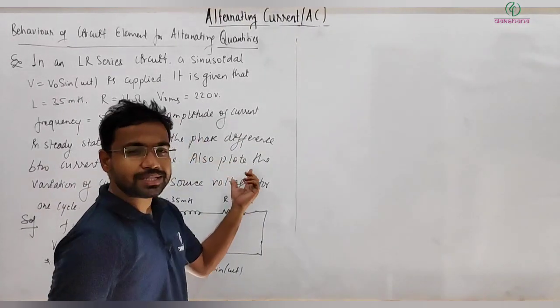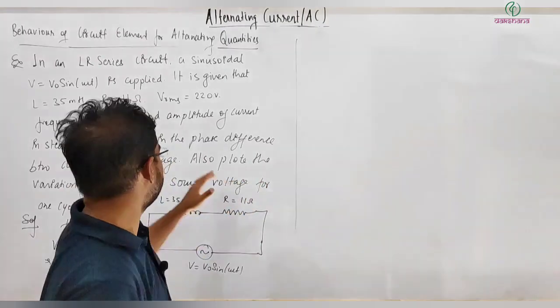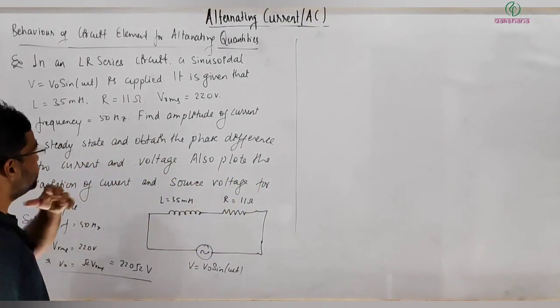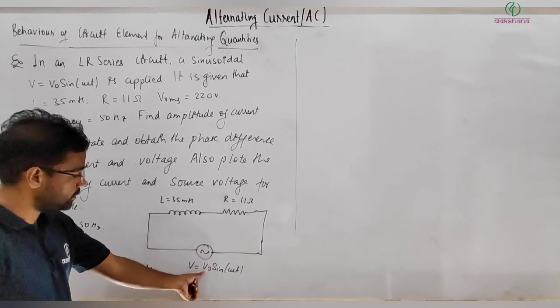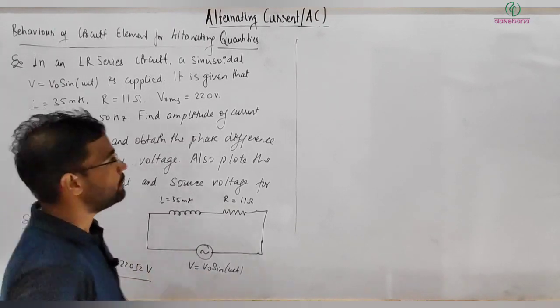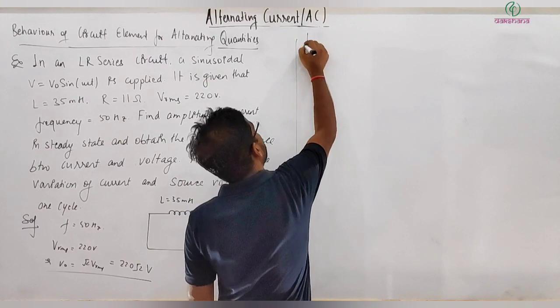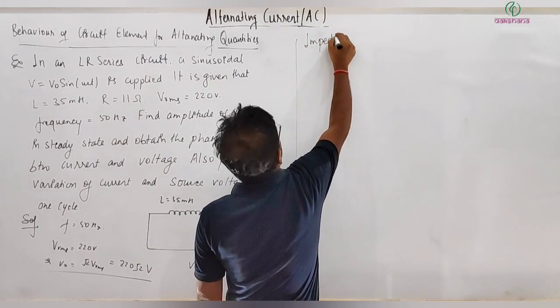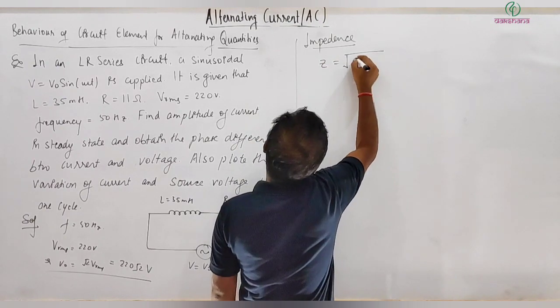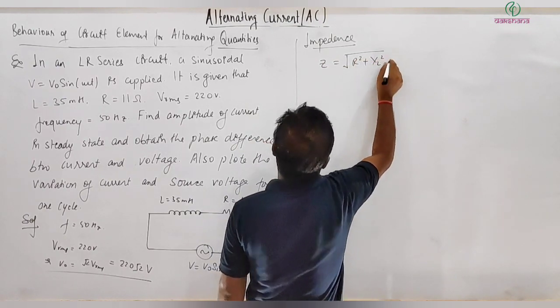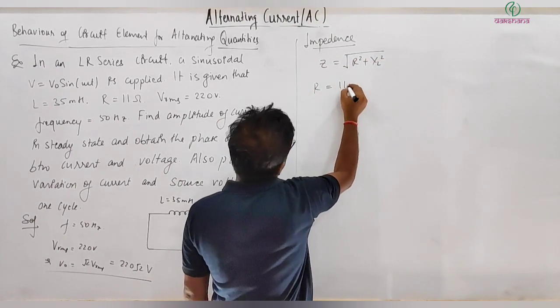These are all the same things we have seen in the last part, and I can calculate it straightforwardly. Amplitude of current: I know the amplitude of the potential drop, V naught. For the amplitude of current I need the impedance Z, and Z is equal to the square root of R squared plus XL squared. R is directly given, it's 11 ohm.